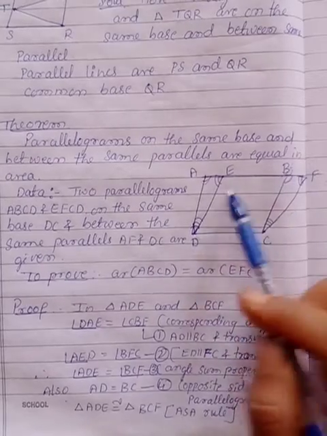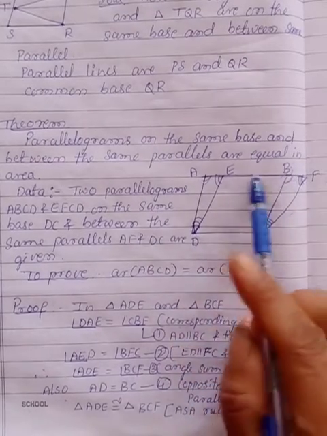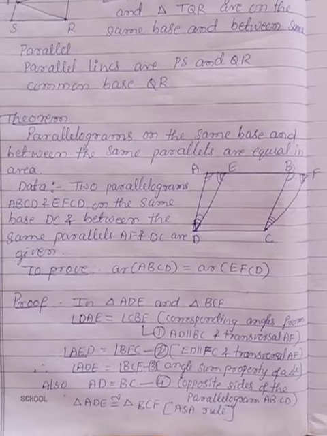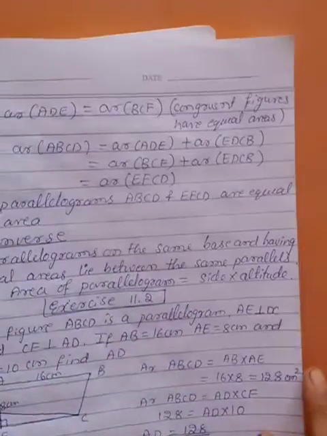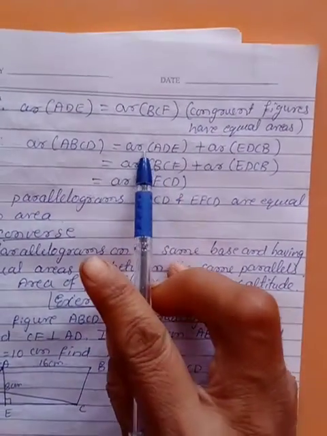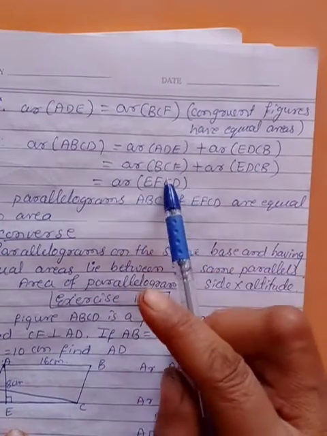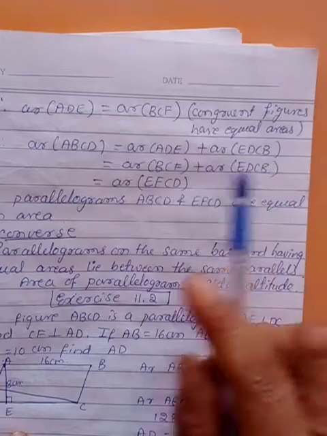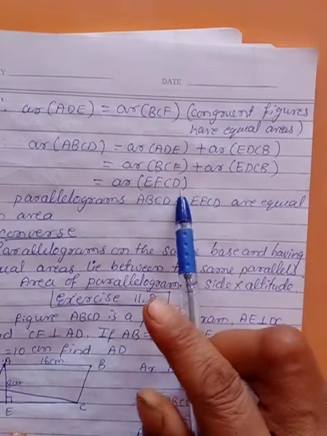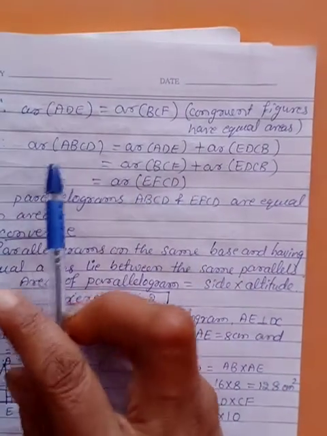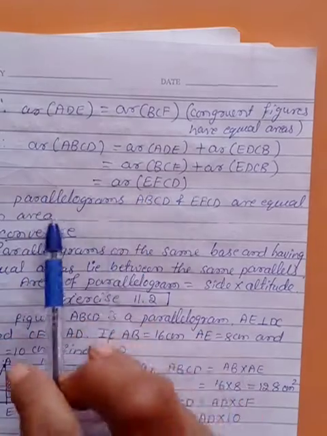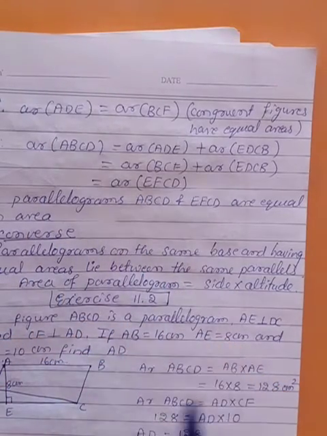You will get the parallelogram EFCD. So we got the proof. First we wrote the area of ADE plus the area of DCBE. Instead of ADE, we have written BCF. The sum of those will be the area of EFCD. So on the left side you have ABCD. That's why both have equal areas.